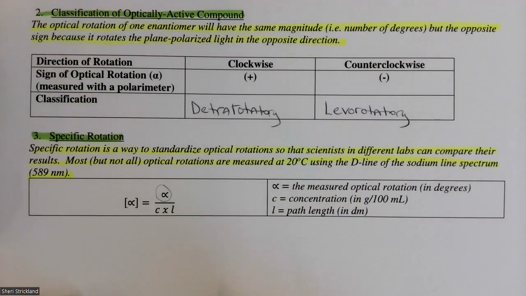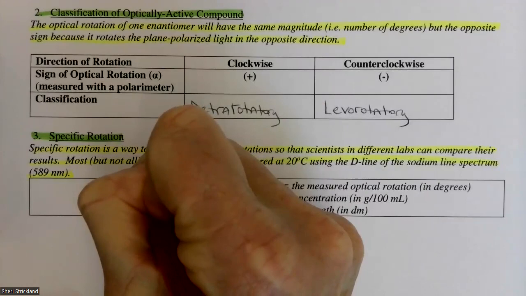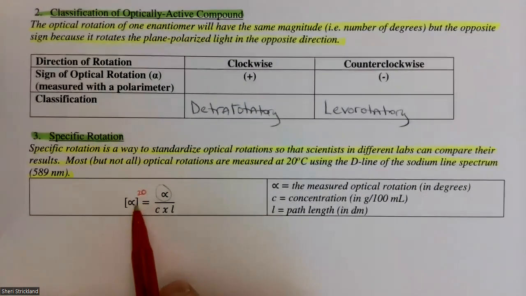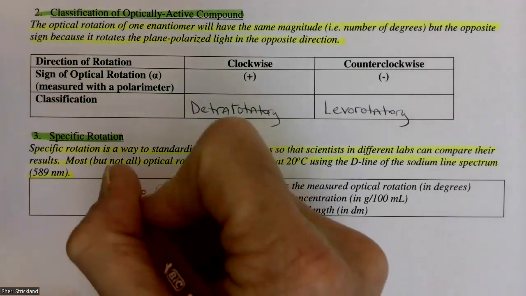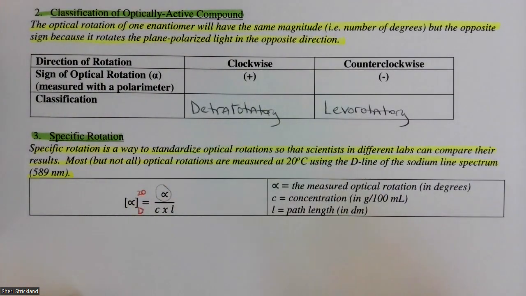the sodium line spectrum. And so very often in these specific rotations, which is the optical rotation with the brackets, you'll have the temperature up here in the top right quadrant and a D that represents the D line of the sodium spectrum down here in the bottom right-hand quadrant. So over here you have these different variables defined.